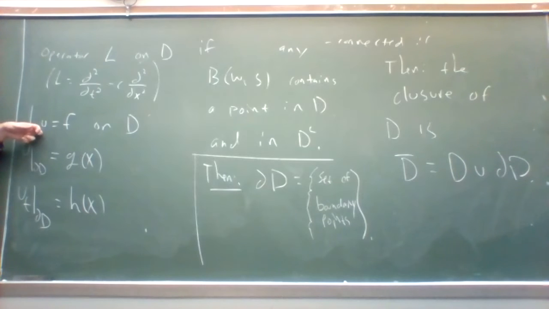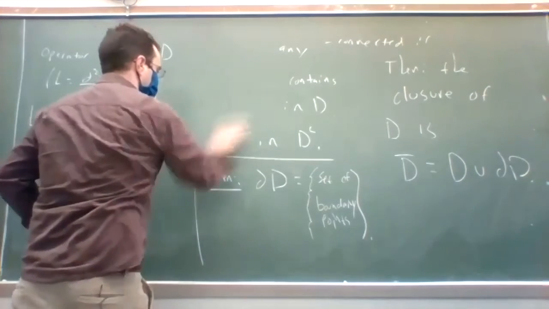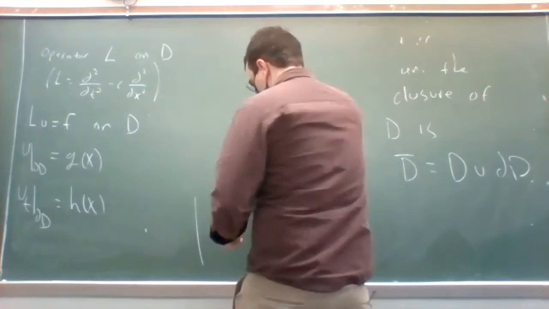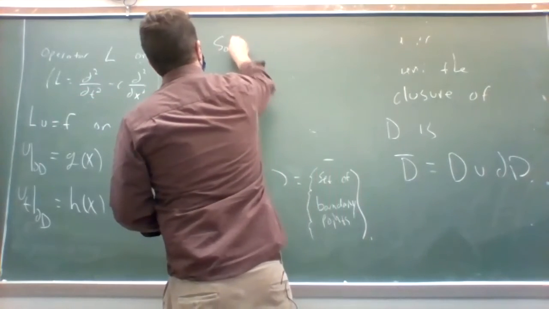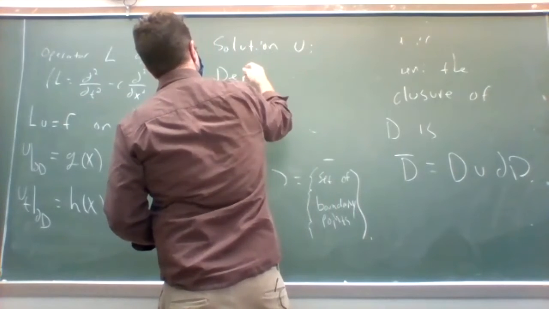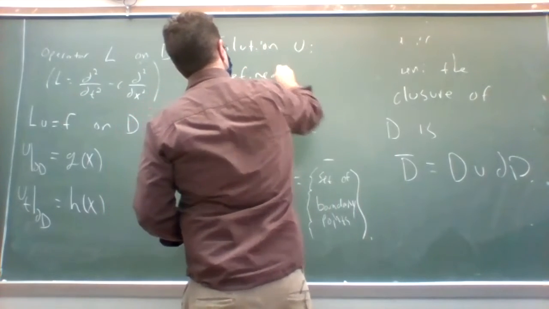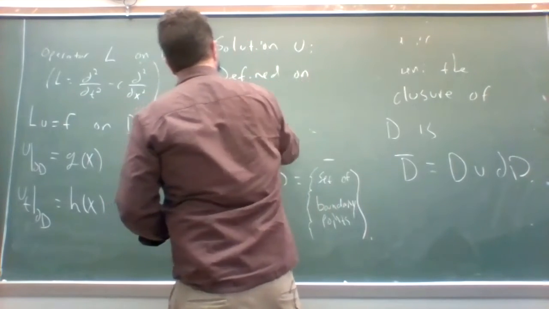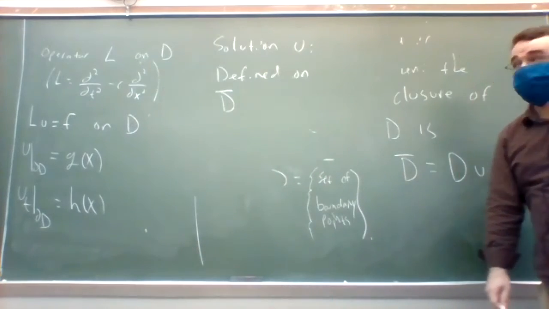The equation actually operates on the open interior. And then you have these boundary values. So a solution u is defined actually on the closure of D.